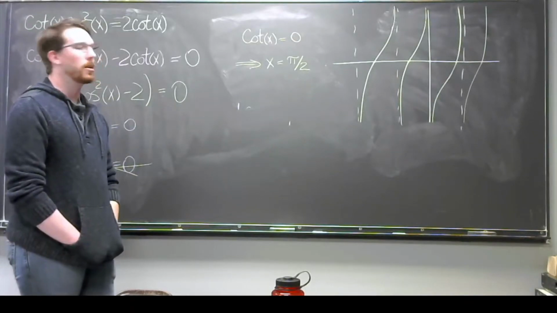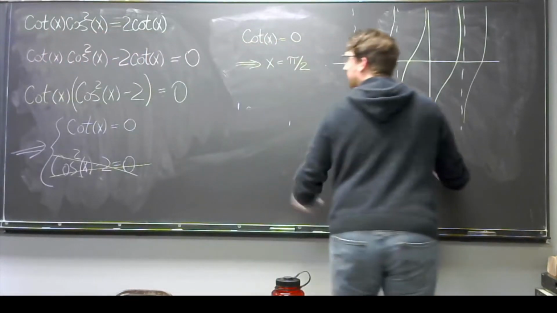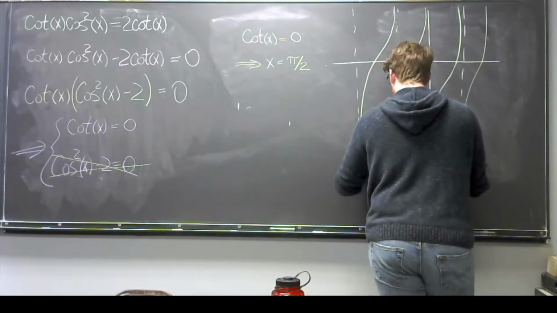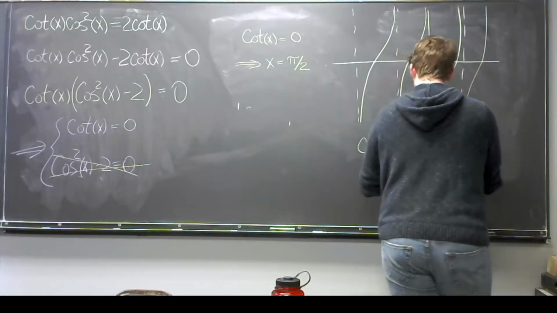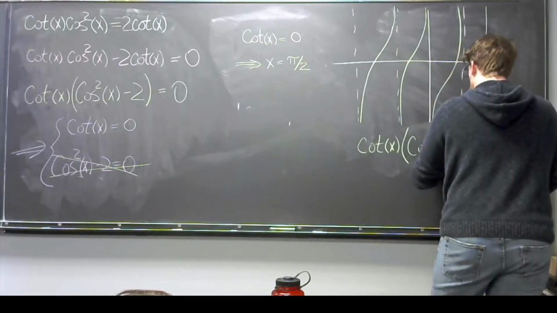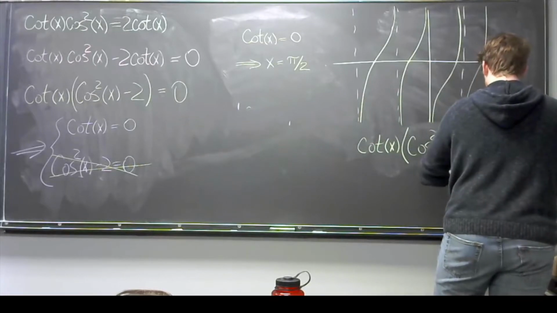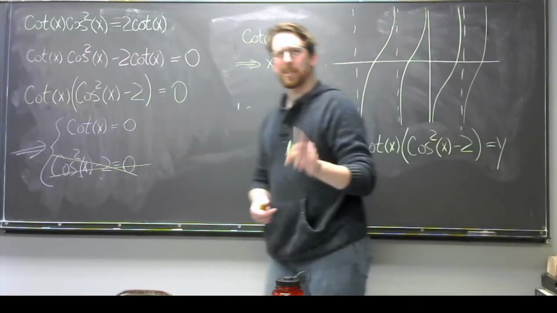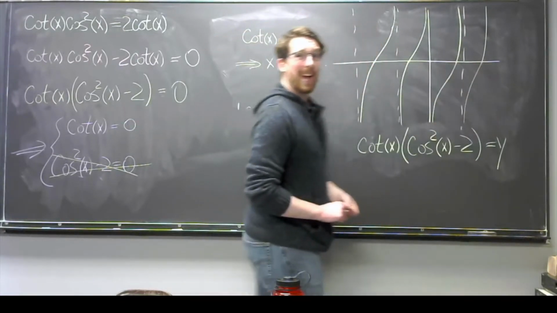But wait a minute. What I've got here is the graph of cotangent of x times cosine squared of x minus 2 is equal to y. Notice it equals 0 at a bunch of different places.